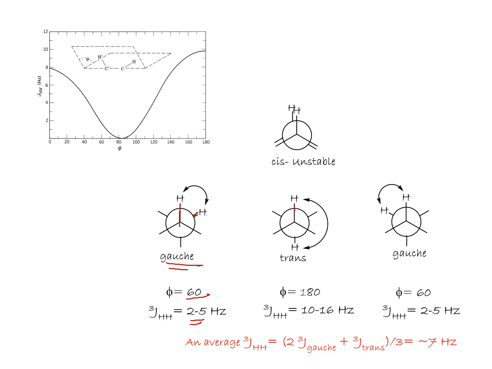You have here the trans or staggered conformer, and the angle is 180, and the J value is from 10 to 16 Hertz. Another gauche in this one, its angle is 60, and J is 2 to 5 Hertz. What about this one? This contribution can be null because it's an unstable one. So we will have the contribution from 2 gauche and 1 trans, averaged by dividing by 3, which equals about 7 Hertz.